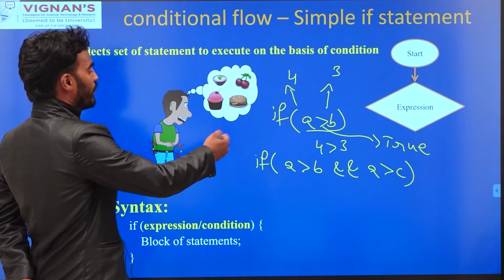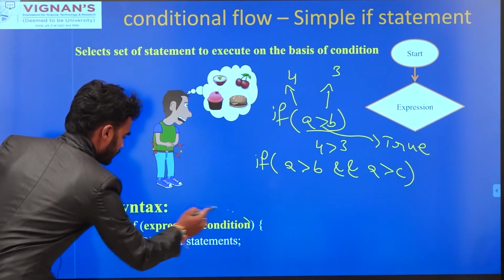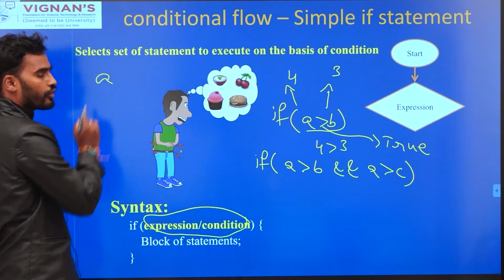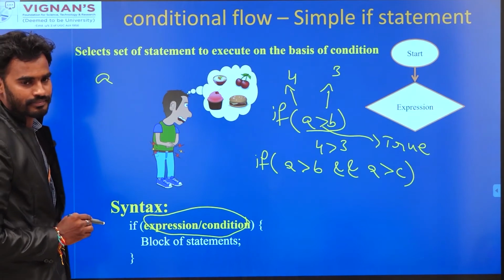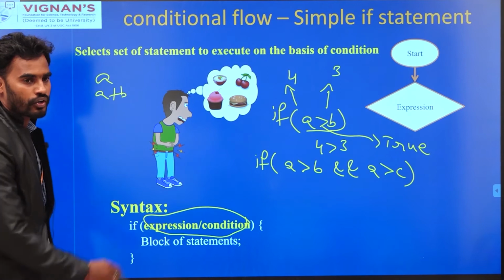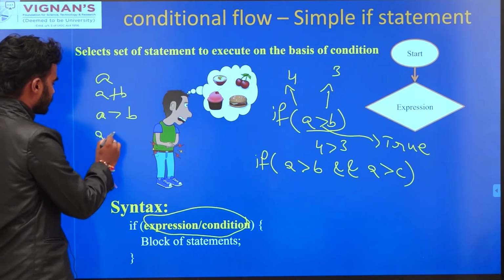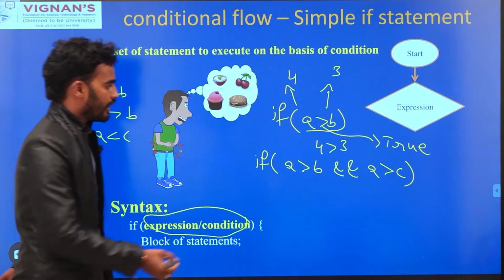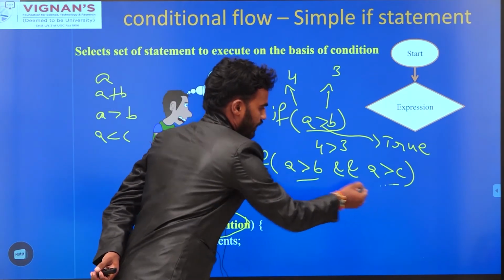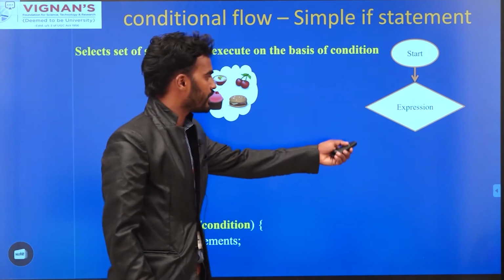So you can give any expression as part of the if statement here. Either you can give a simple expression like A plus B, or a conditional expression, or a composite expression which involves more than one condition. The compiler will evaluate the expression.